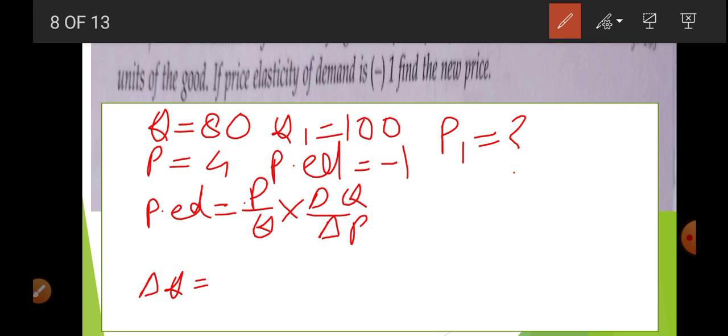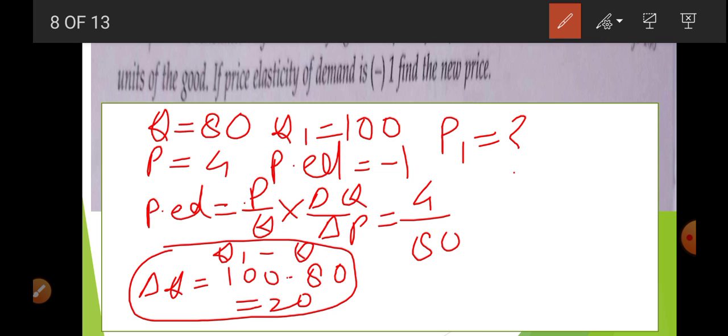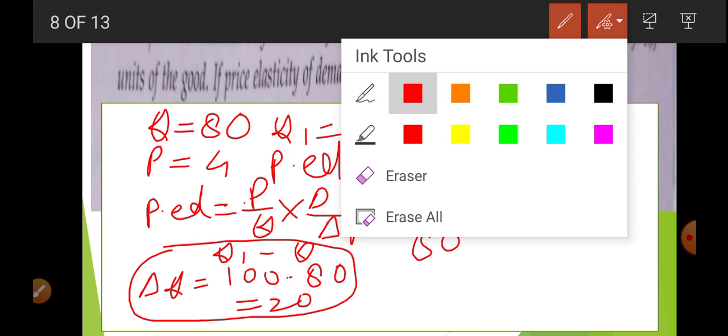Del Q will be 100 minus 80, that is 20. How did we get it? Q1 minus Q. So we are going to put in the values. P is 4, Q is 80.